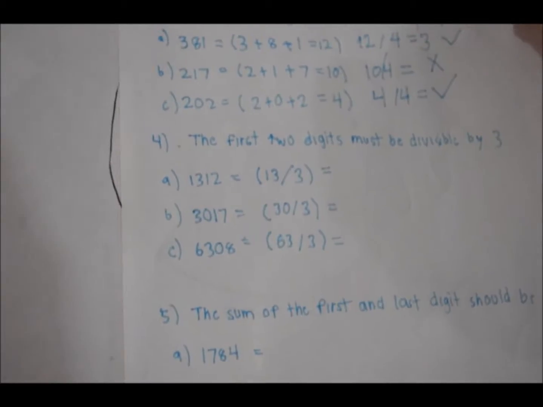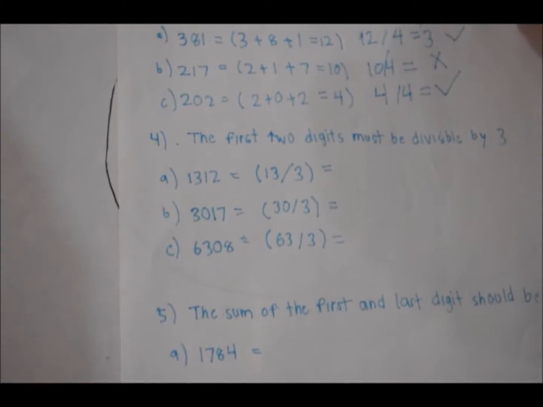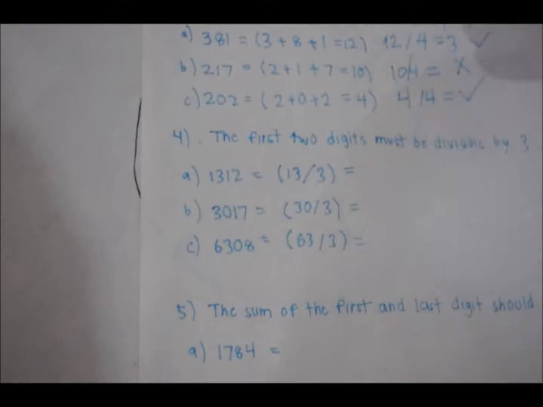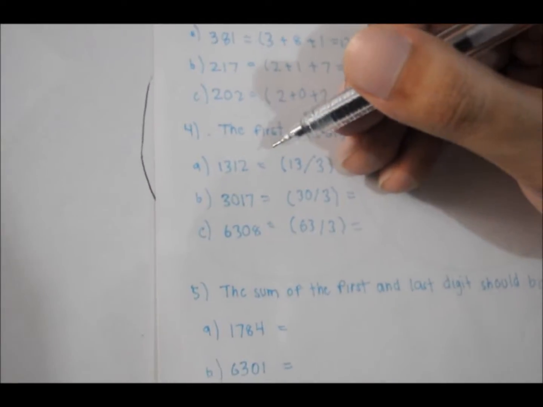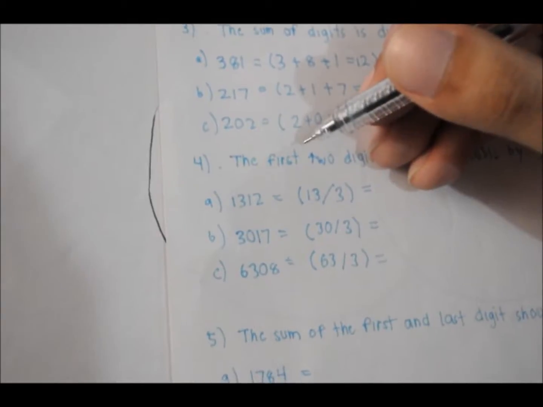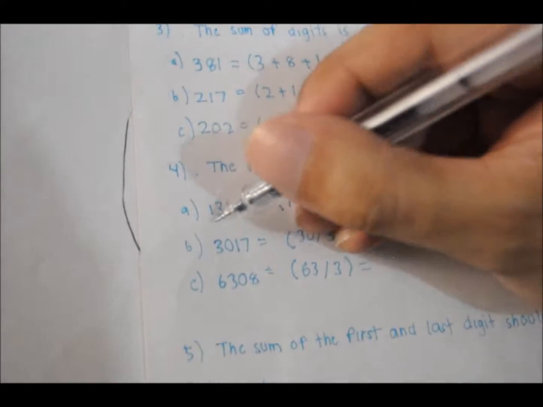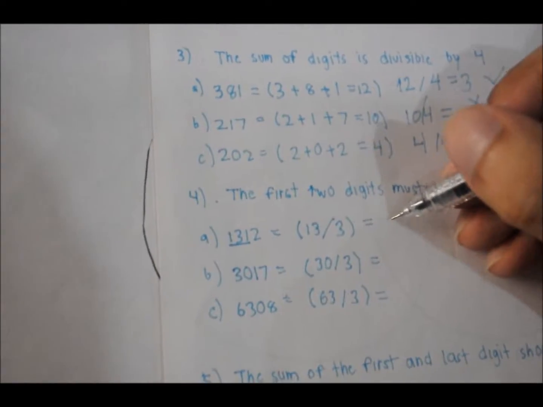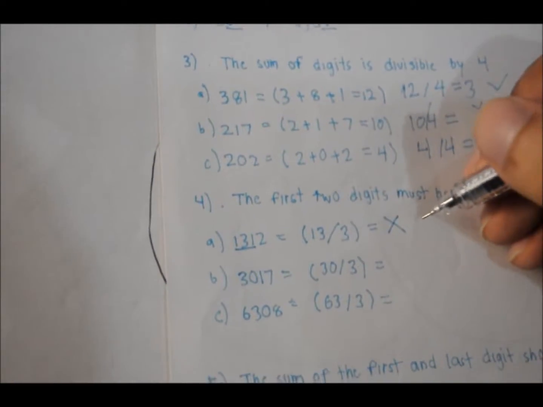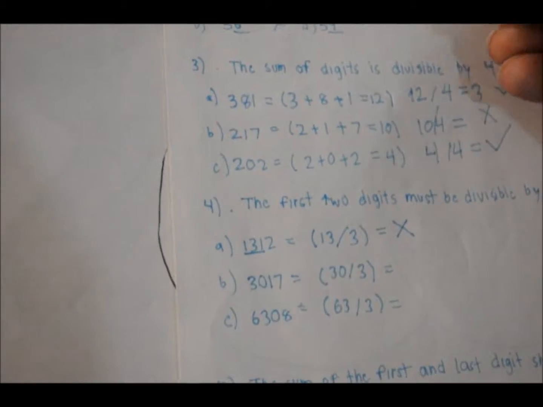Problem number 4. The first 2 digits must be divisible by 3. Problem A, 1312. So only 13. 13 divided by 3, X, does not satisfy the condition.